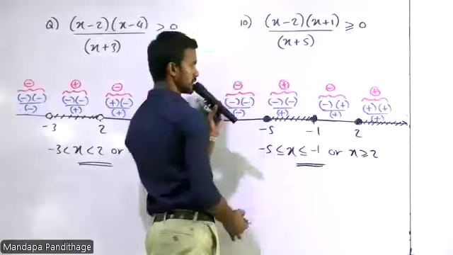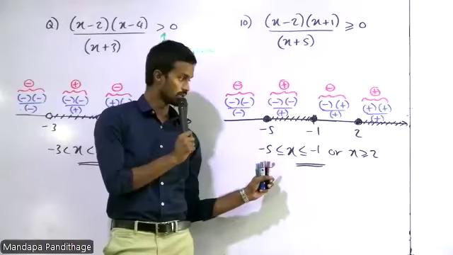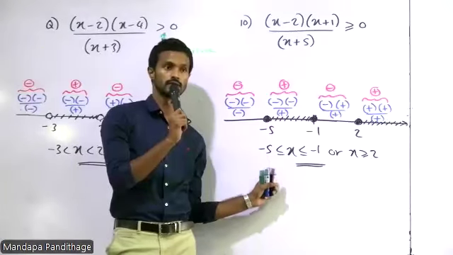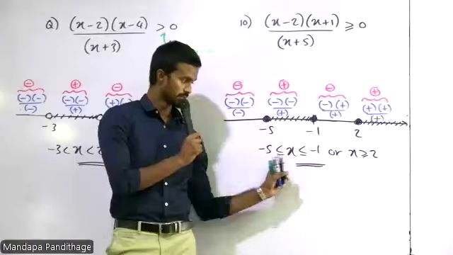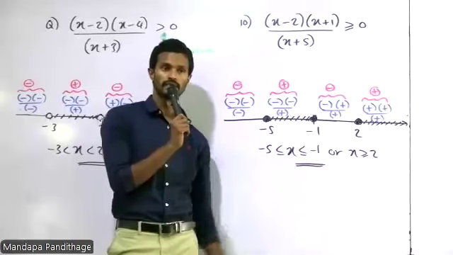Clear? So we are supposed to find the region that is greater than or equal to 0. You get this value. Hands up, who got minus 5, minus 1 and 2? Now hands up if anyone wrote a slightly different answer with the same minus 5, minus 1 and 2, but with a small change.